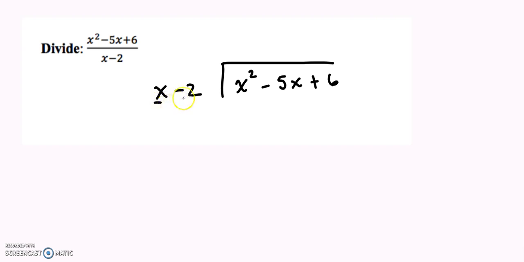I'm going to ignore the minus 2, and x goes into x squared x times. Now I multiply this x times x minus 2, just like in the previous division problem. So I get x squared, and then x times negative 2, which is minus 2x.